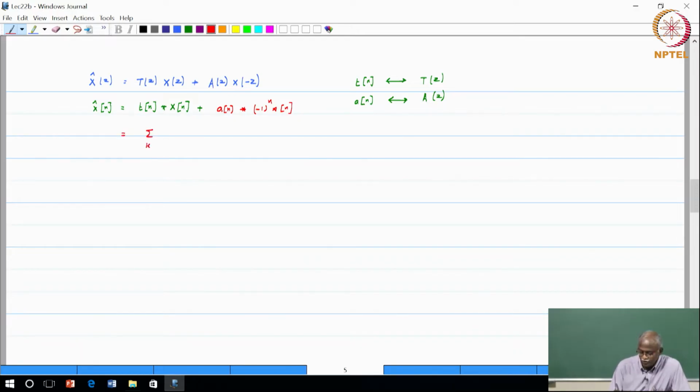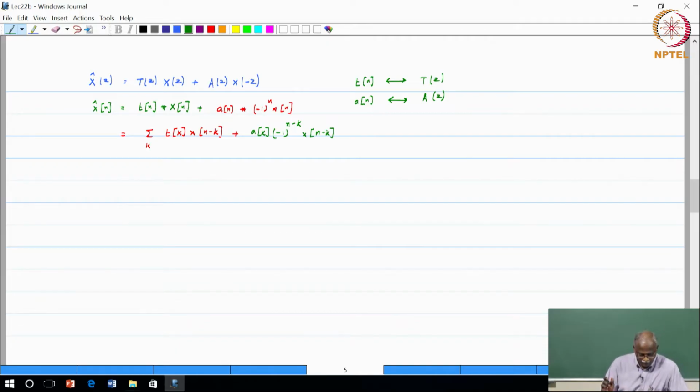This is summation over k going from minus infinity to infinity, t of k x of n minus k plus a of k minus 1 power n minus k, correct, because I have x of n minus k, and this will be x of n minus k.